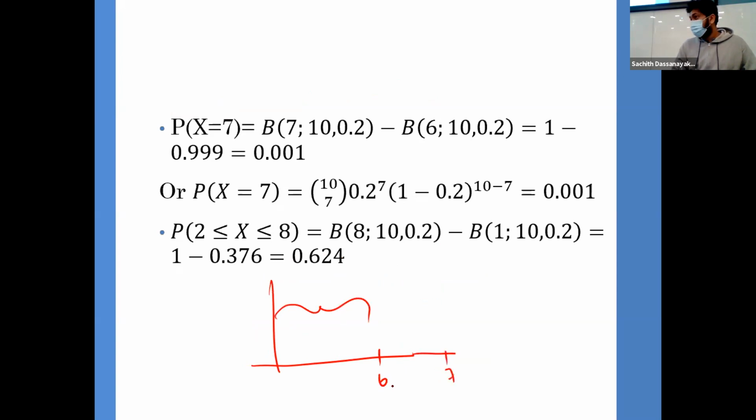Because you need 7, we subtract this. That's why we write F7 minus F6. These are CDF values. Is that clear? So, as you asked, if we need the probability of x equals 25, we do F25 minus F24, right?